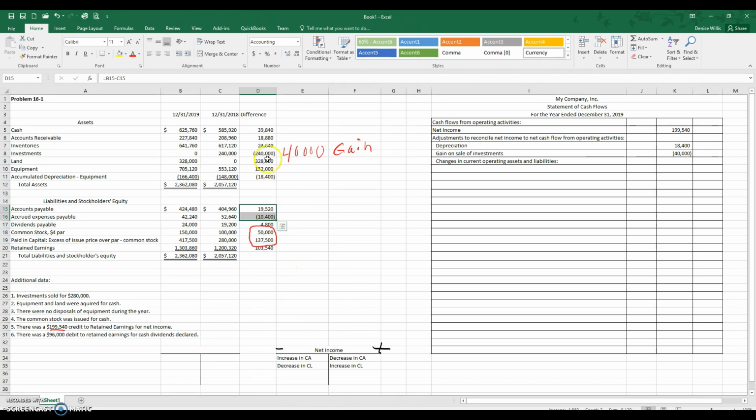Okay, so for starters, we have an increase in accounts receivable. That increase, according to this, is 18,880. And since I am on Excel, I can just do that. Okay, 18,880. We have an increase in inventories.